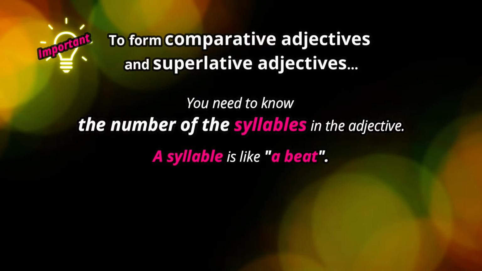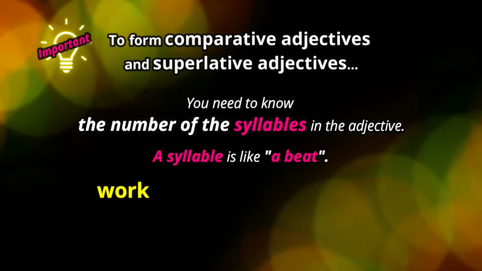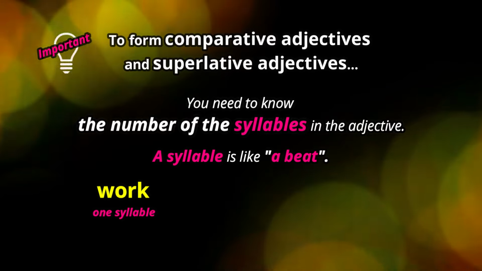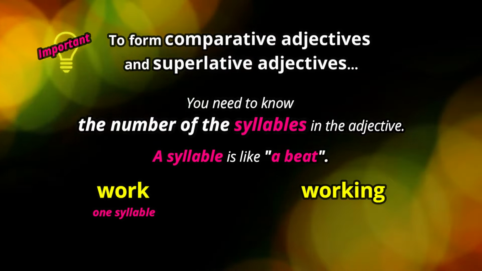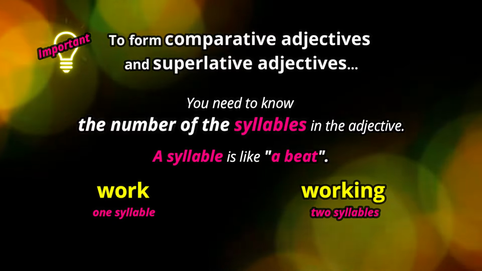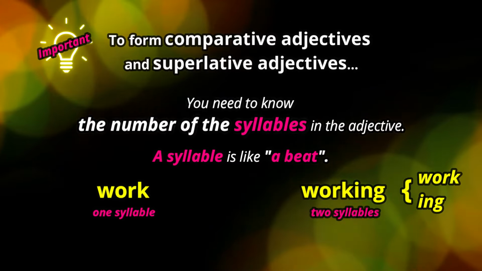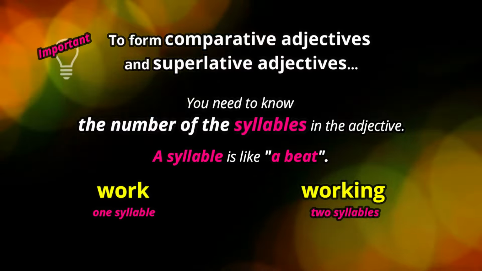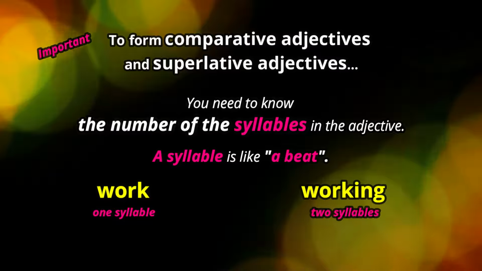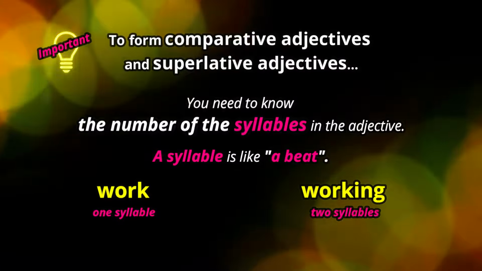For instance, the word work contains one syllable, like this, work. But the word working contains two, like this, working. Do you see? So we have one syllable and two syllables. All right, this is very important.